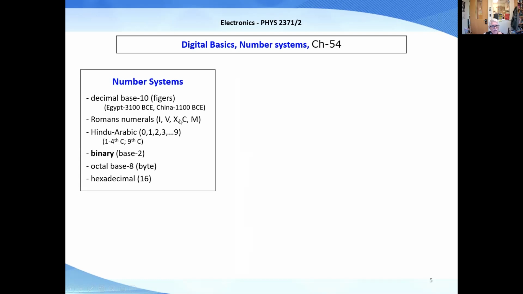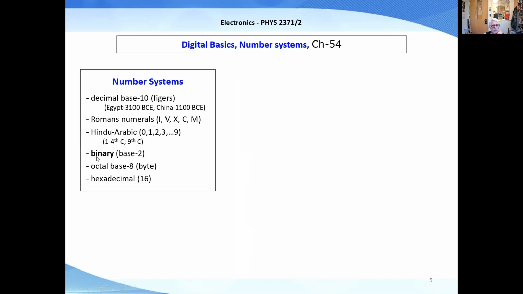Then the Romans came up with Roman numerals, where they used letters, and you can see those still on buildings now, where if a building was built 100 years ago or so, they'll use Roman numerals to represent when it was made. And then zero. People started needing zero in mathematical equations.